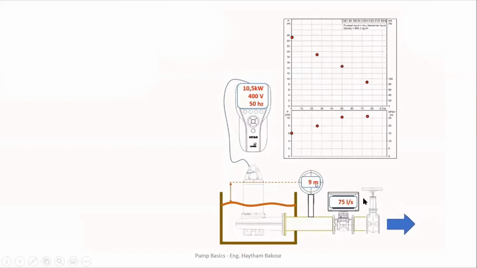And then we open the valve to have 75 liters per second, and we read the value of the head and how much electricity we are using, and we draw the point before last for the performance curve as 9 meters of water, at about 75 liters per second, and we have 10.5 kilowatts.